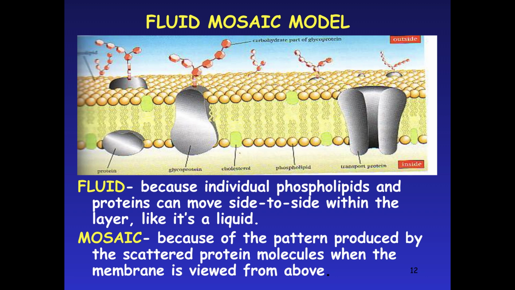We've got a piece of art that's made up by lots of little pieces. The plasma membrane is made up of many different parts, and that's where the word mosaic comes in. You've got proteins, you've got cholesterol, you've got phospholipids, you've got glycoproteins, you've got all these different things that make it up. So it's like a mosaic.